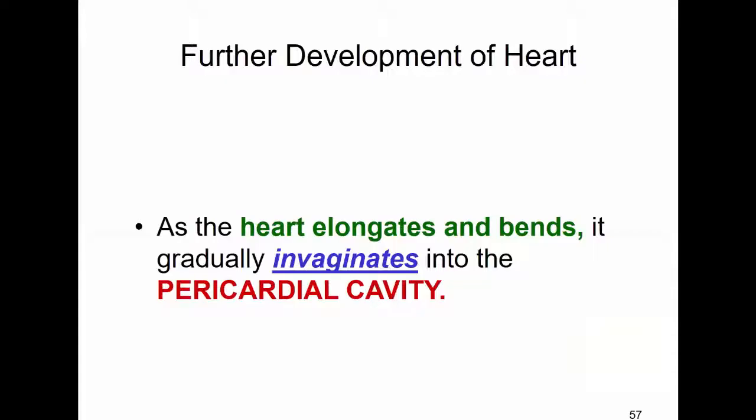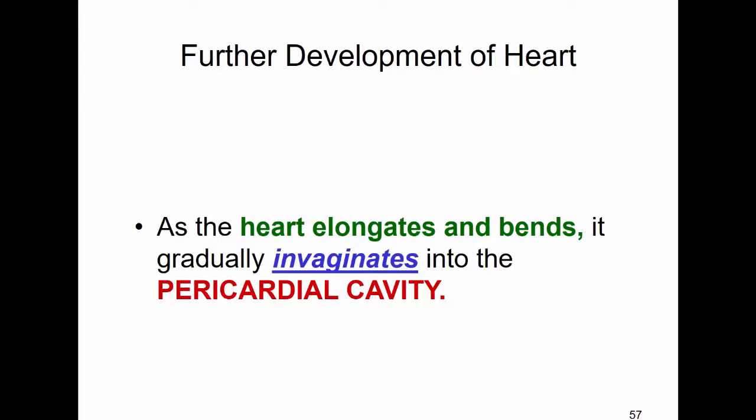As the heart elongates and bends, it gradually invaginates into the pericardial cavity. So you know the word invagination. Invagination means to go inside or deep inside into a cavity, to go deep inside something.